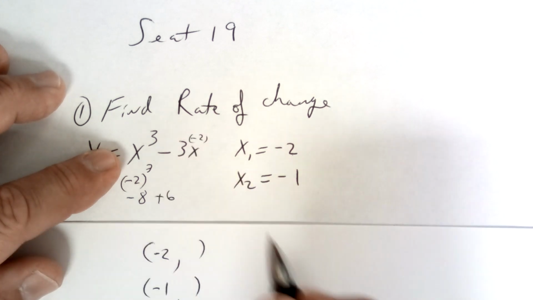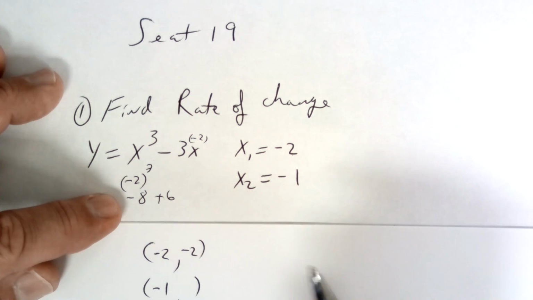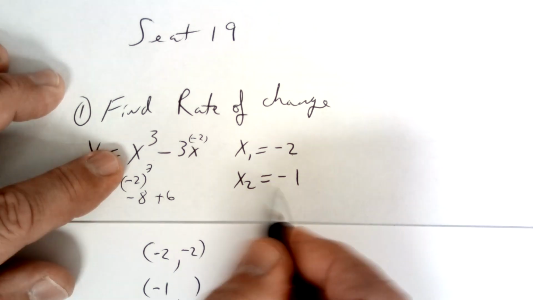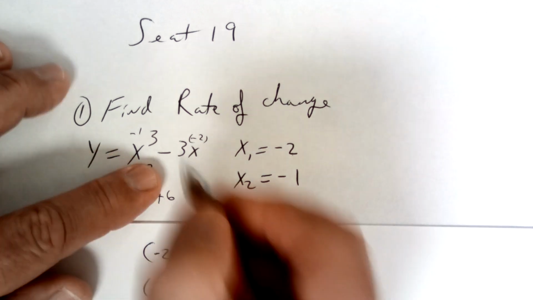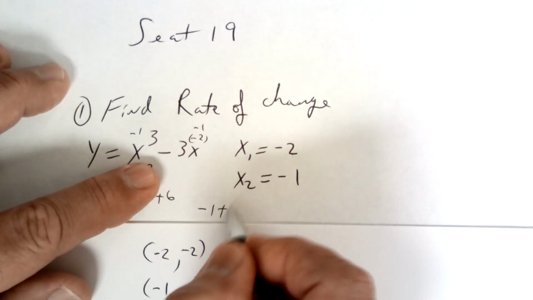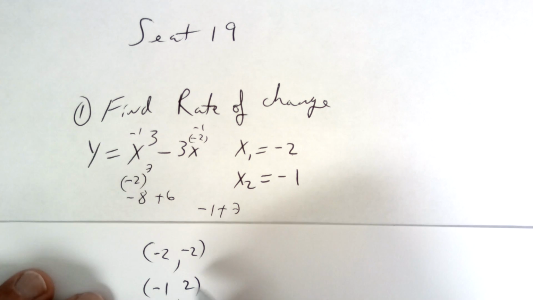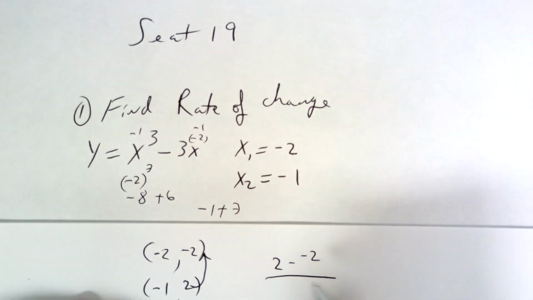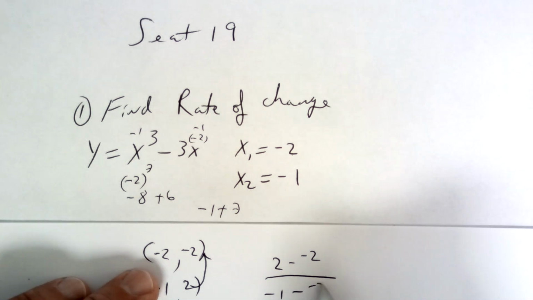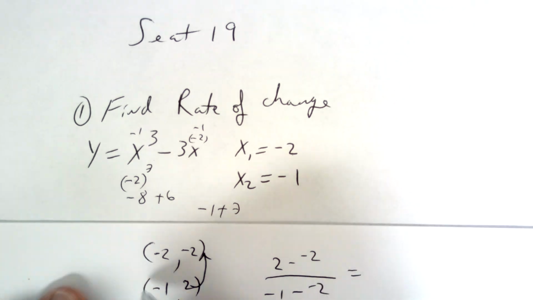So it looks like I'm going to get a -2. When you plug in -1 to the 3rd power, it's still going to be a -1. And when you put a -1 here, you get a +3, so that's going to be a +2. So you're going to take your y's, 2 minus a -2, all over -1 minus a -2, and whatever you get should be your answer.